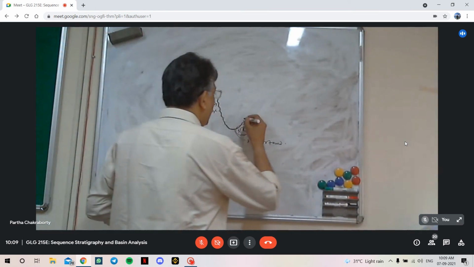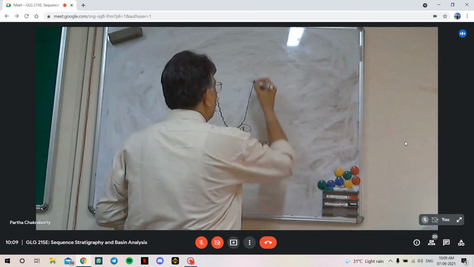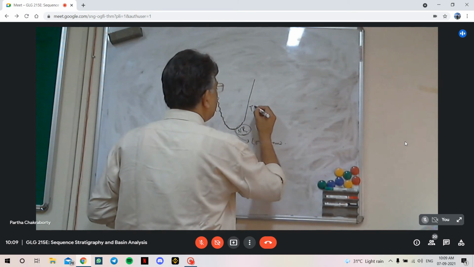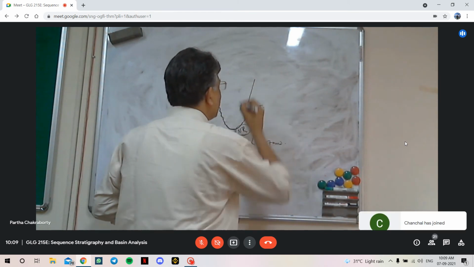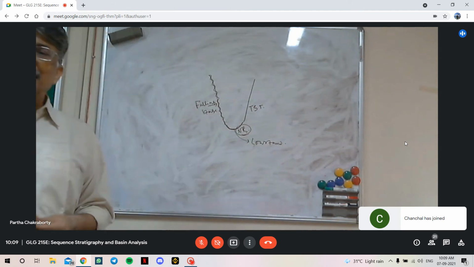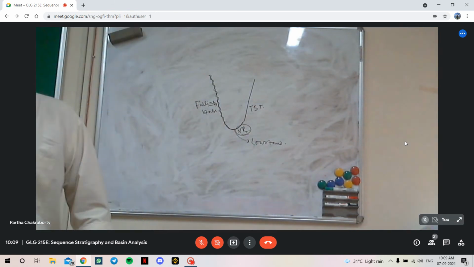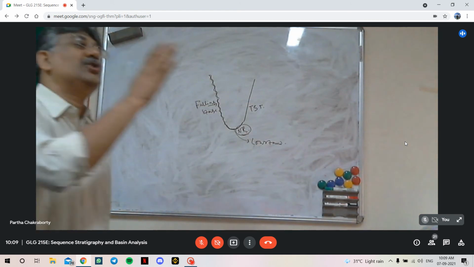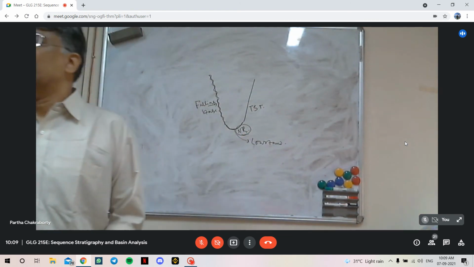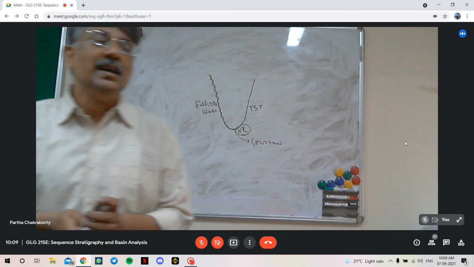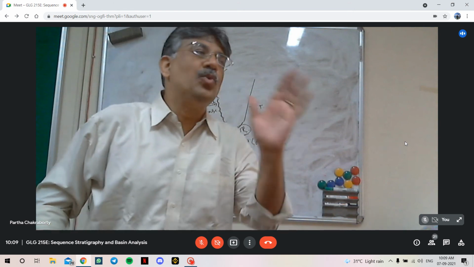Now, after this, you have the transgressive system tract. During the transgression, if you again go back to that diagram, you have seen that there is continuous retrogradation, that the shoreline is actually tracking back towards the land.